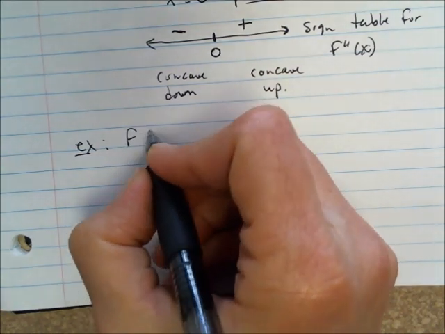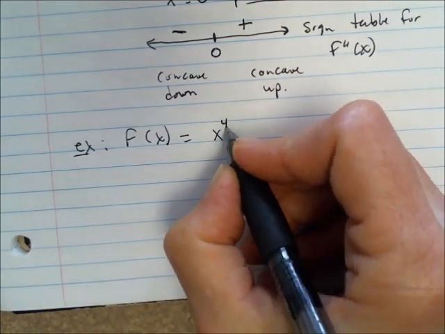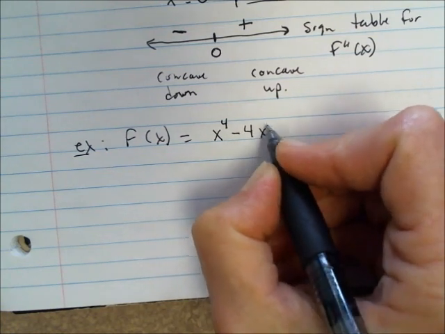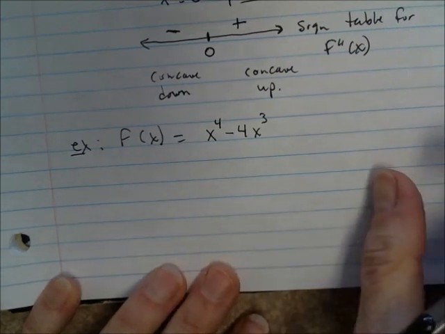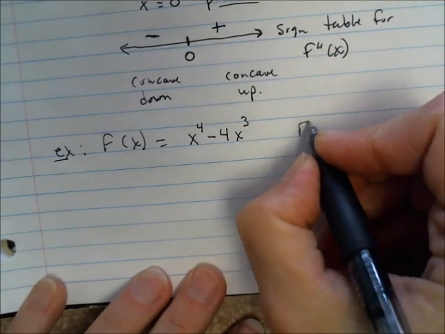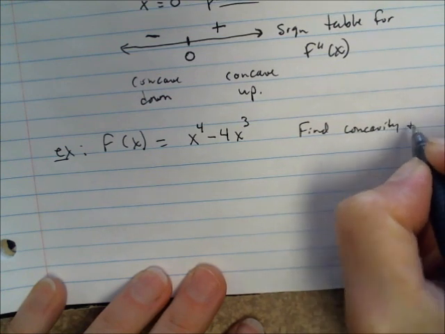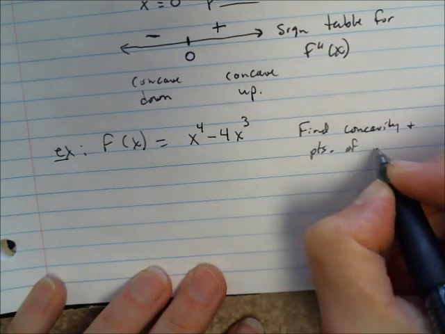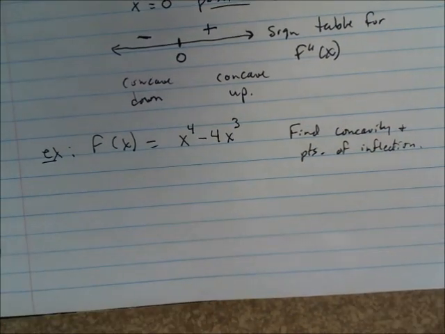Let's do f of x is equal to x to the fourth minus 4x to the third. Let's find concavity and points of inflection. Now, if you want to try this on your own, you can.